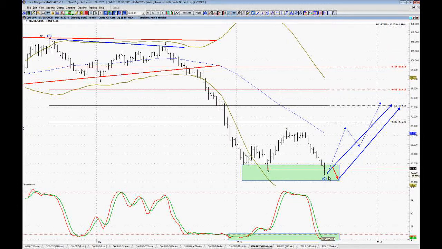The optimal action is to notice that five-wave decline has orthodox structure. There are no rule violations. Wave 2 and 4 alternate in complexity. Wave 5 and 1 are approximately equal. And wave 3, which is the recognition wave, is the longest wave. That's a perfect definition of an Elliott wave impulsive pattern that is mature.